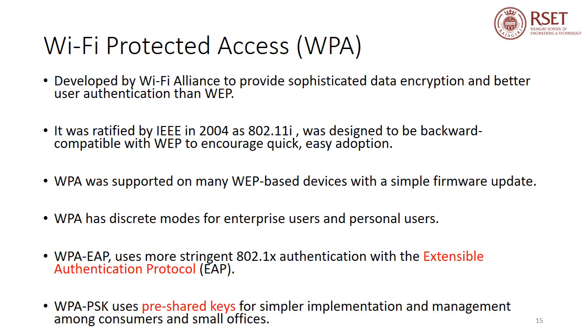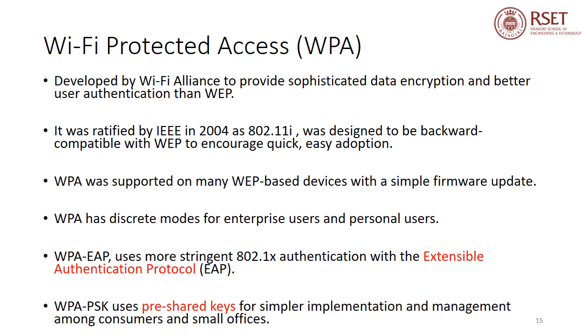The next security protocol that was introduced in wireless networks was WPA, or Wi-Fi Protected Access. This method was developed by the Wi-Fi Alliance, and the main aim was to provide sophisticated data encryption and better user authentication techniques compared to the WEP protocol.